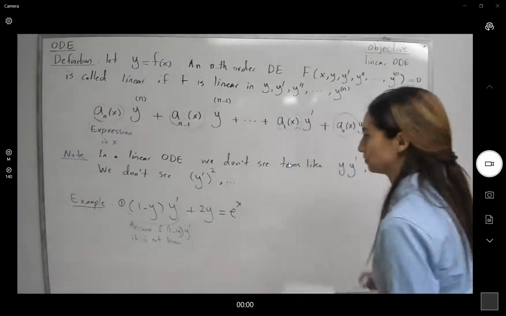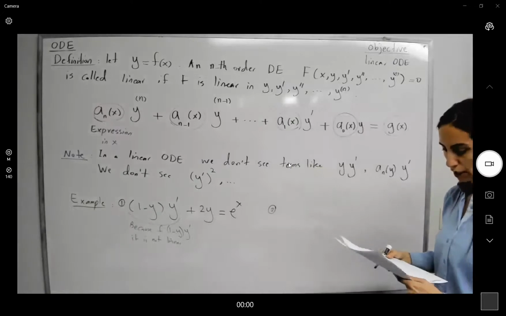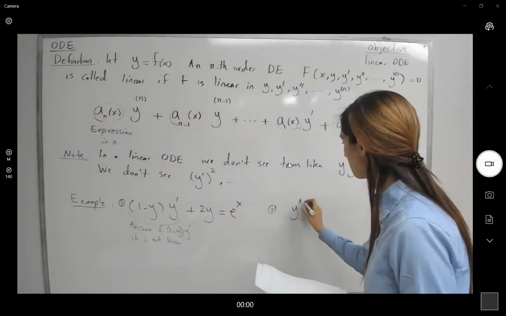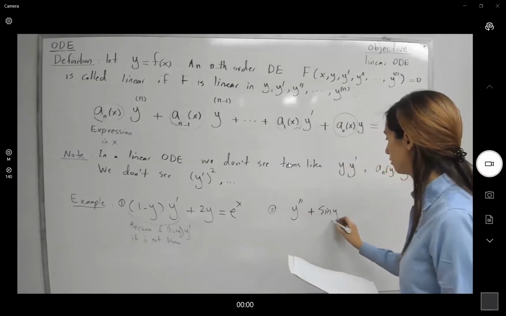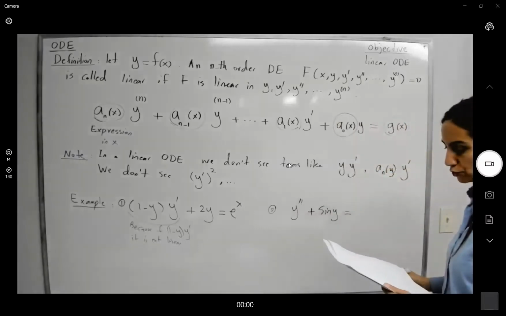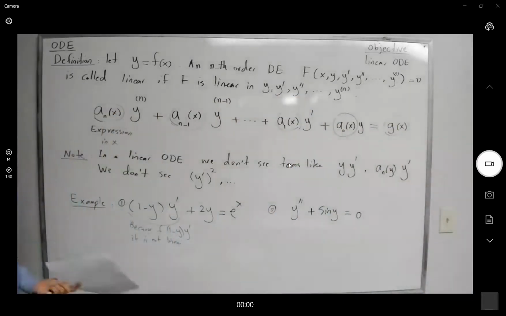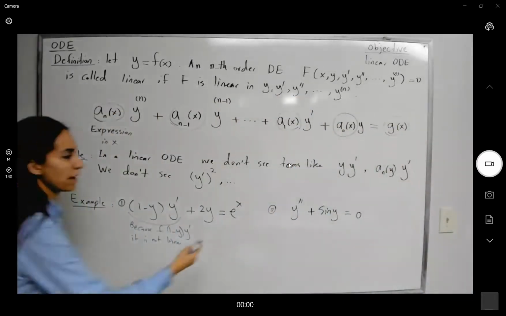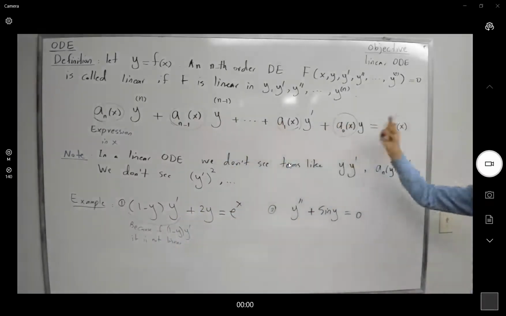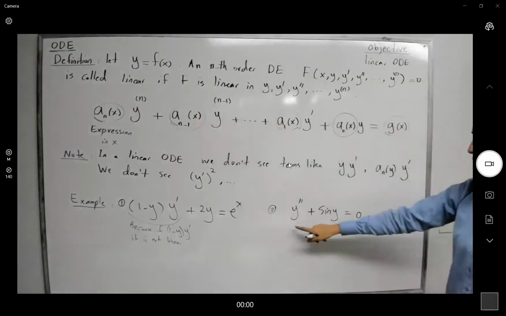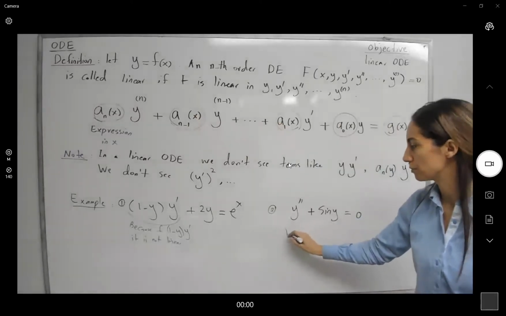The second one. Here we have the second derivative of y plus sine y equal to 0. Compare this differential equation with a linear form. I have the second derivative, and I don't have any problem with it. I'm good here.